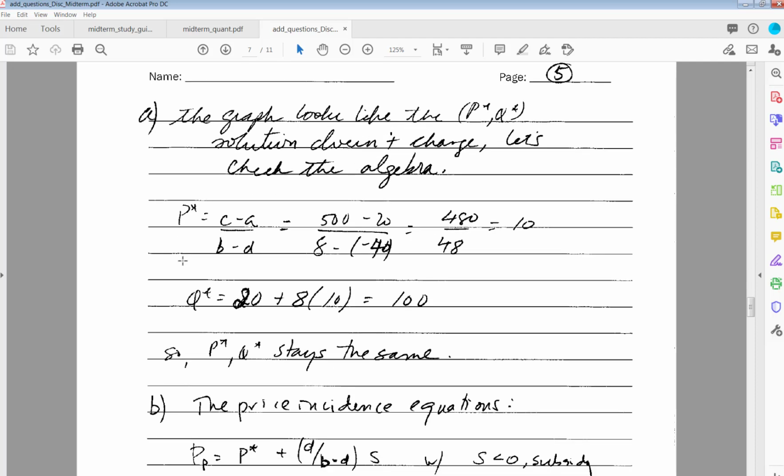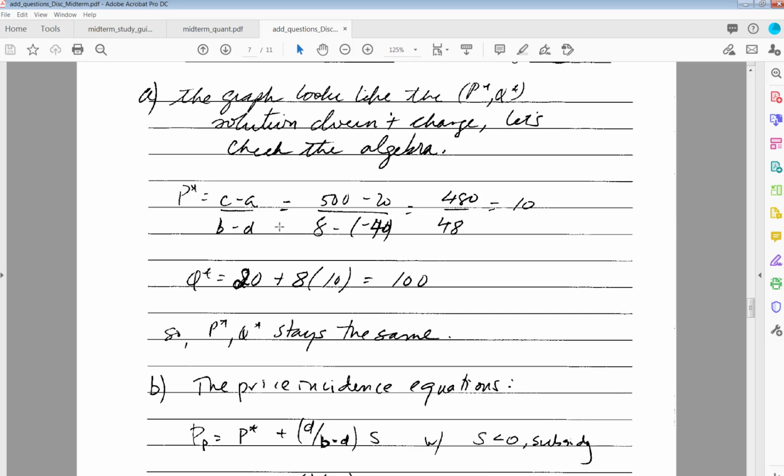Let me check the algebra. Again, I start from P star all the time in these problems because we've already solved it once, and it's generic, right? You tell me these 4 things for a linear supply and demand system, I'll tell you the price, and then I'll find the quantity. Work through it. 500 minus 20, because the intercept of the supply curve changed to 20, over 8 plus the demand slope.